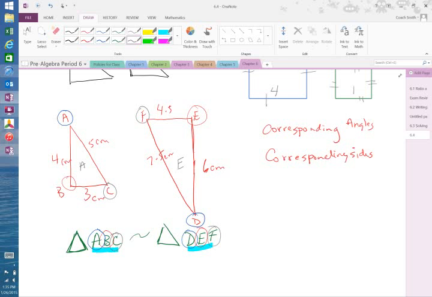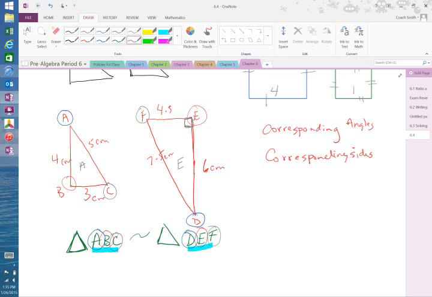And as you look at those two, they also in the book have this as a 90-degree angle. Remember, when they have the small square in the angle, that means it's a 90-degree angle. Now, what they want us to do is list the corresponding sides.